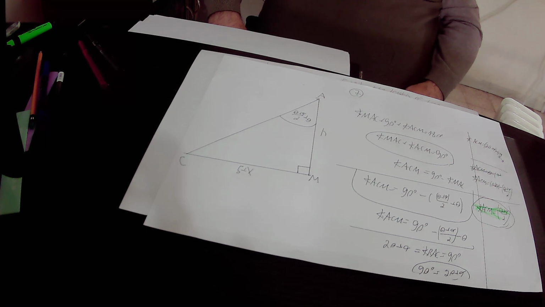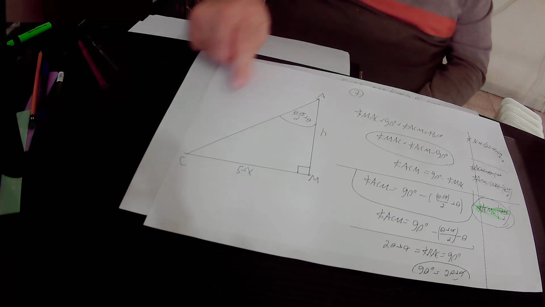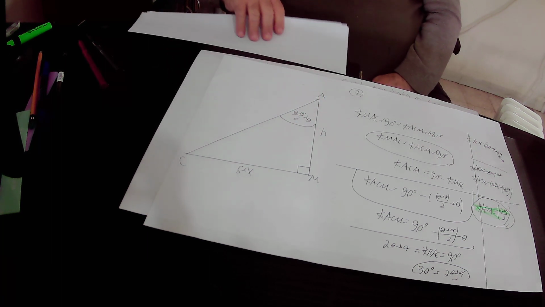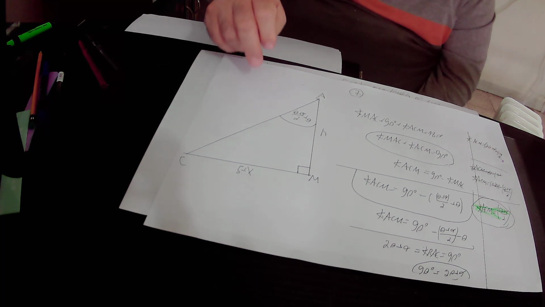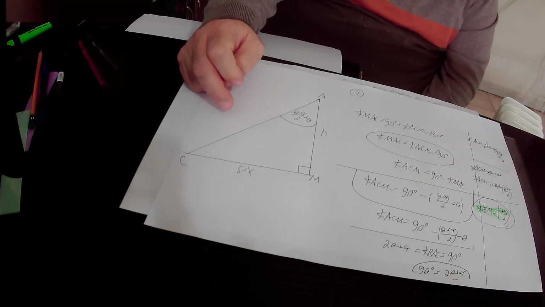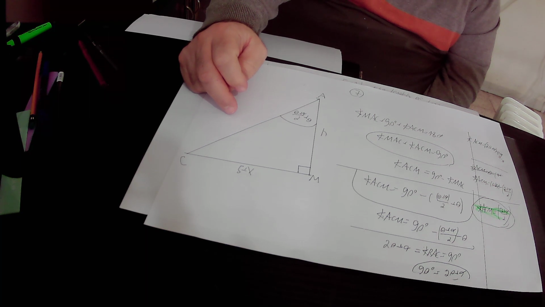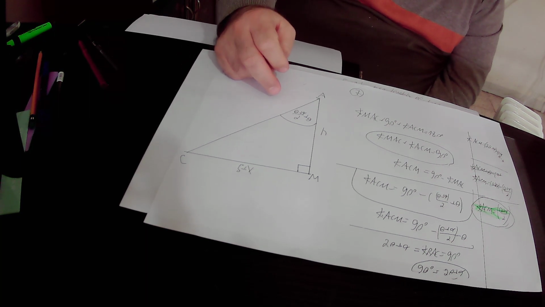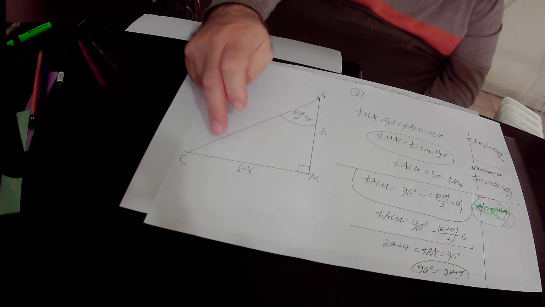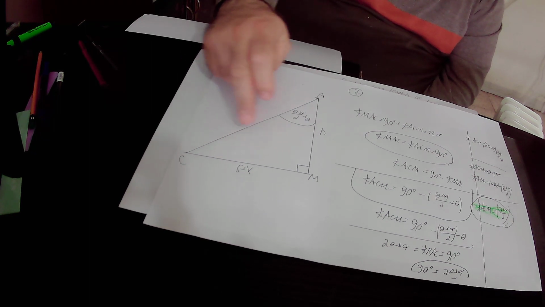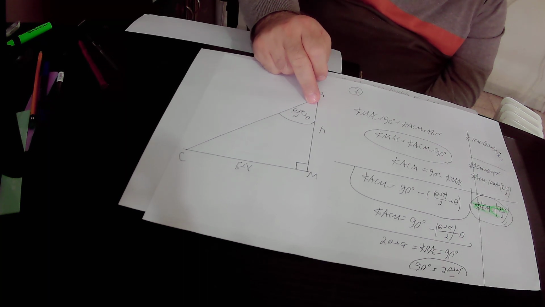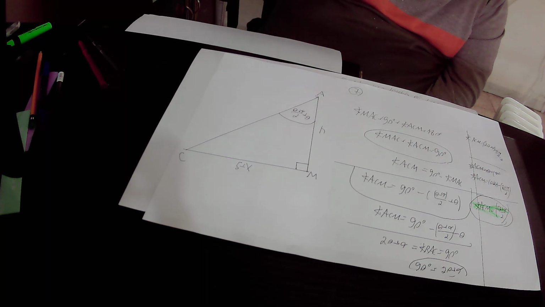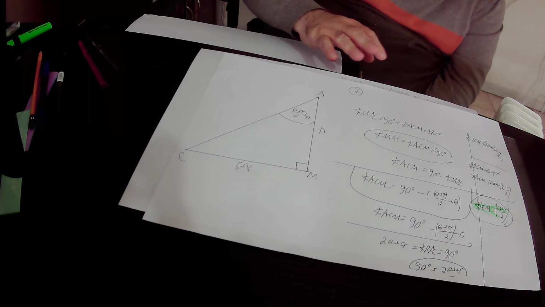And then we find the value of angle ACM according to the rule that the sum of the angles in any triangle is equal to 180 degrees.